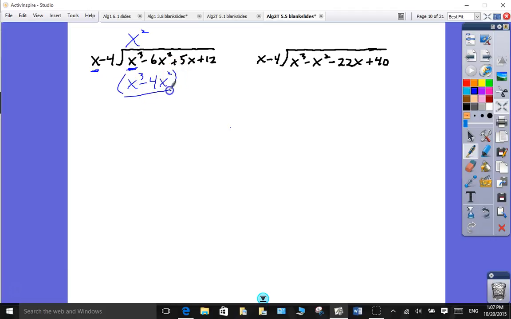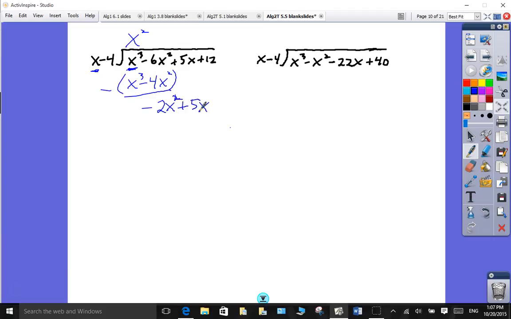Subtract. What is negative 6x squared minus negative 4x squared? Negative 6 minus negative 4 is like negative 6 plus 4, which is negative 2x squared. Right? Bring down the 5x.